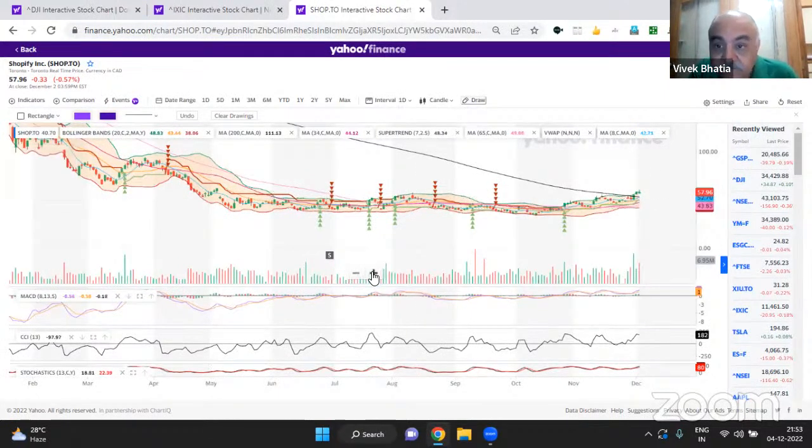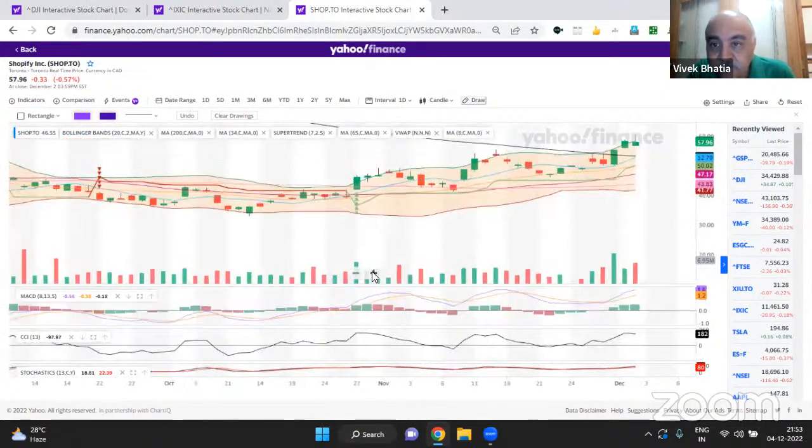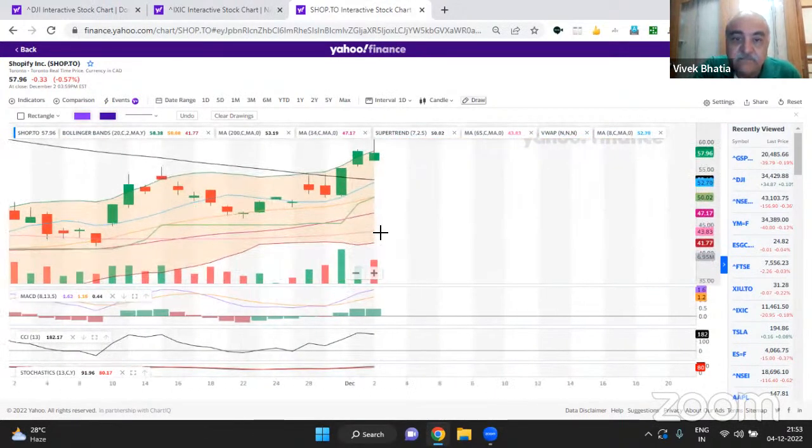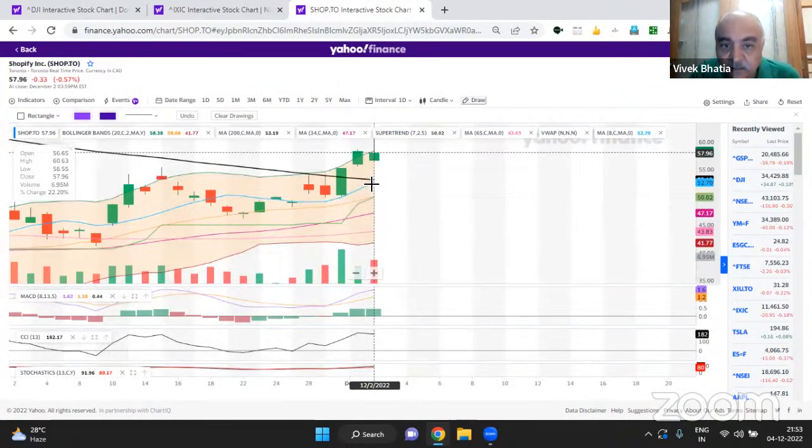Now, 8 crossing 200, 20 climbing up above the support trend level, 34, 65. All the others are in line except 200 day.